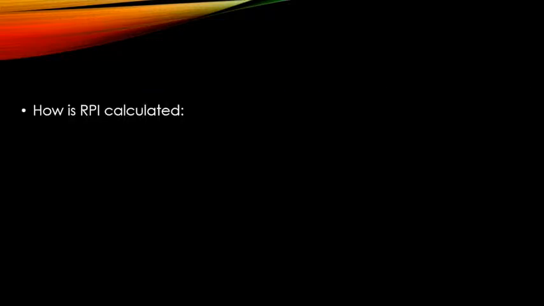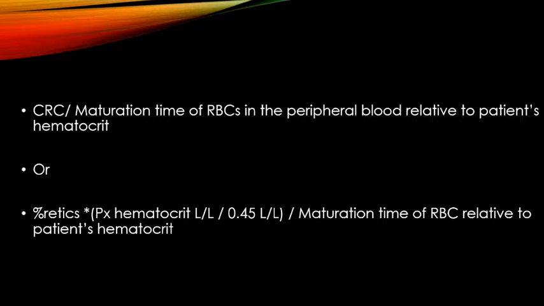Alright? Now, how is RPI calculated then? Wow, medyo mahirap to. Kasi you need to compute for a lot of things. Okay? You need to compute for a lot of things, guys. You need to compute for CRC. Okay? You need to look at the patient hematocrit for liter per liter.